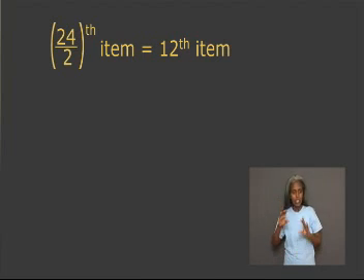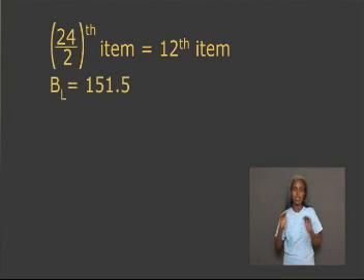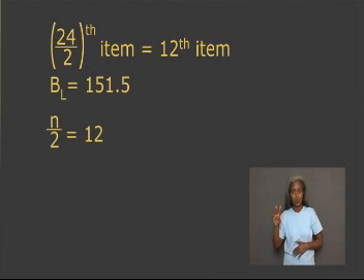So the median class is 151 to 157. We can use this to determine all the values we will need to solve for the median. BL equals 151.5. N over 2 equals 12.